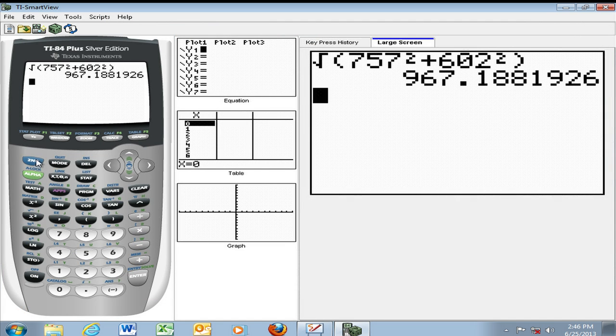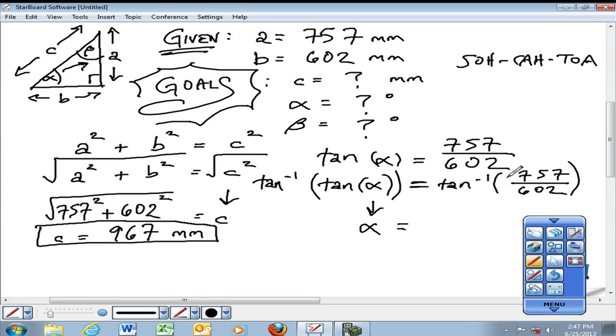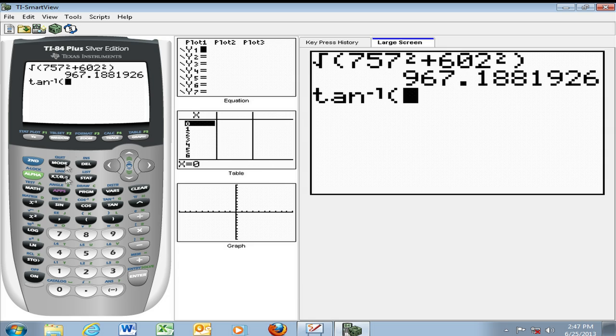We're going to do the inverse tan, so note blue, then I'll hit the tan function, and there's your inverse tan. Just as we noted, it's the inverse tan of 757, our opposite side. Remember, tangent is opposite divided by adjacent: 757 divided by 602.